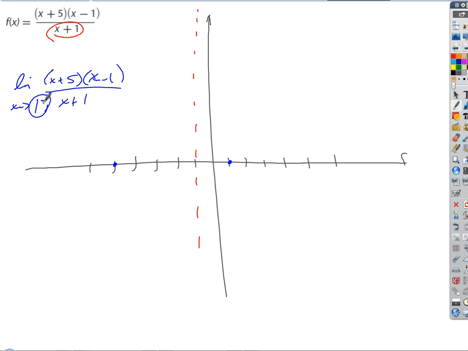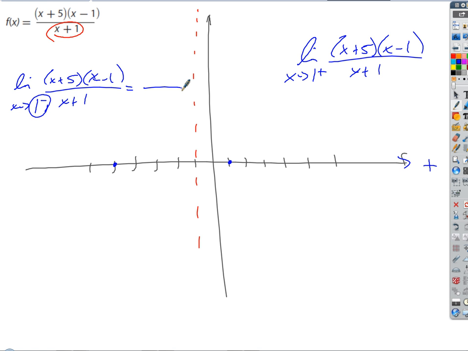That 1 minus, all that means is, yeah, we're approaching a value of -1, but we're approaching from this direction. If I were to say instead the limit of x plus 5 over x plus 1 as x approaches -1 plus, now we're approaching -1 from the positive direction, right? So from the negative direction, what's going to happen? I'm going to get on the bottom 0 what?